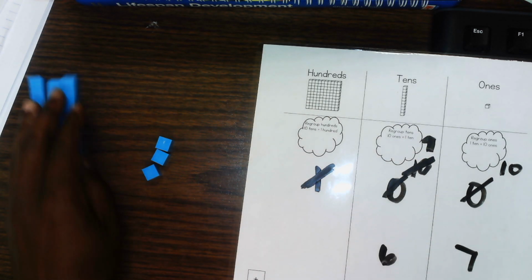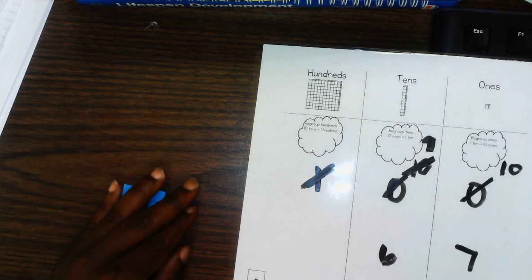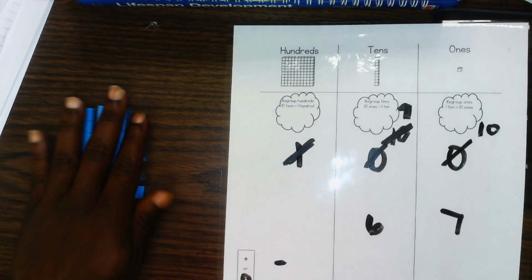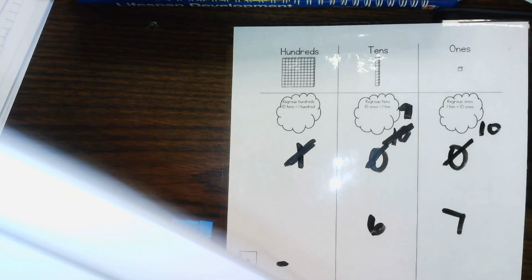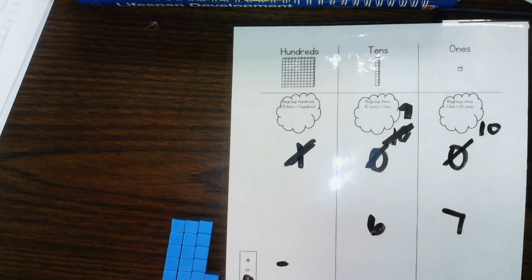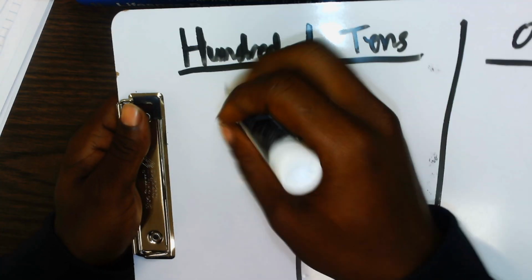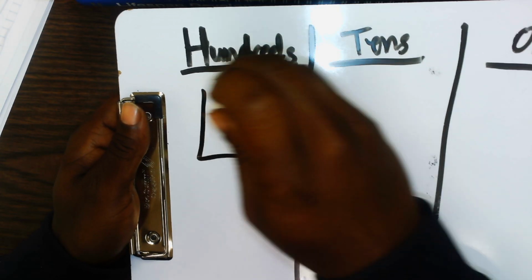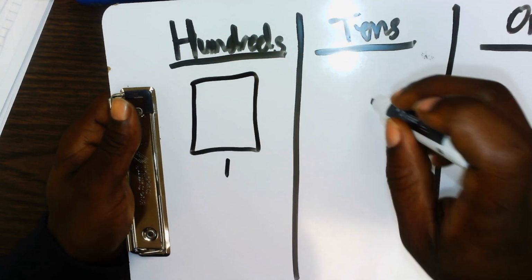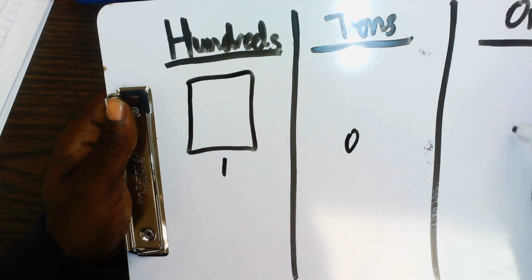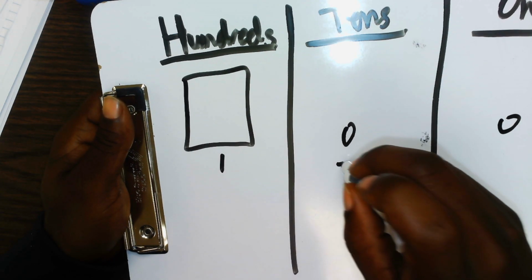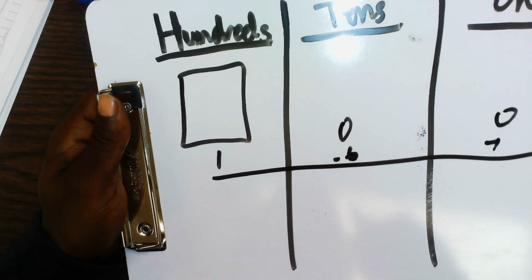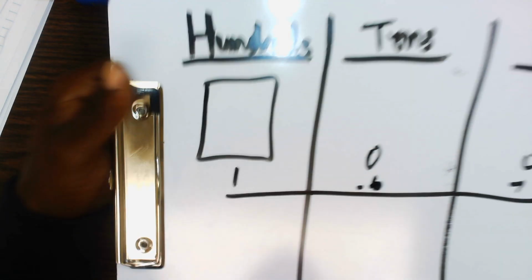And so if I want to draw a representational picture, this is abstract here, and we did our concrete model. And so if I wanted to do an actual representation of this on my board here, we had a 100 block. We started out with 100, right? No tens, no ones. All right, minus 67. And now, same thing we did.